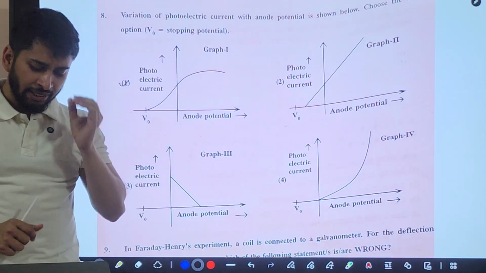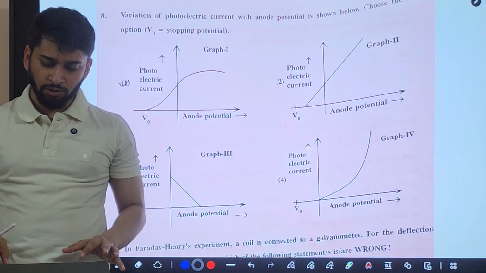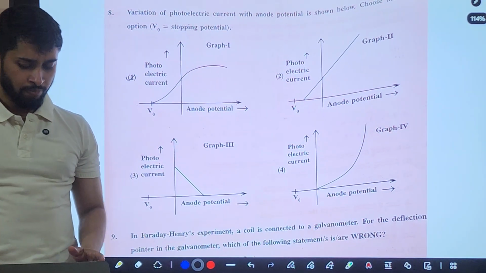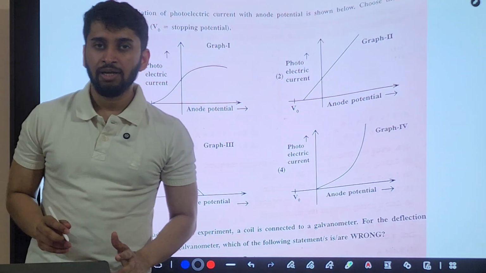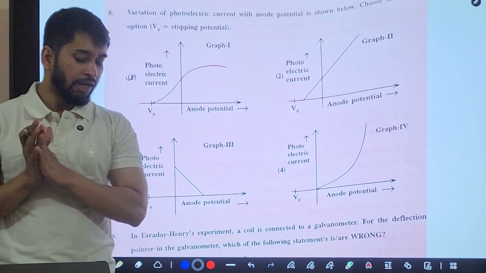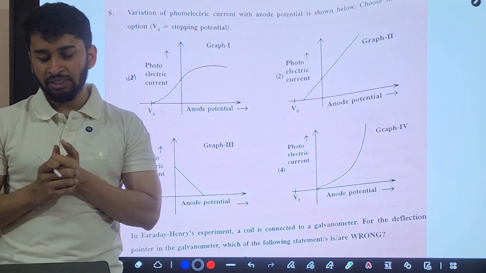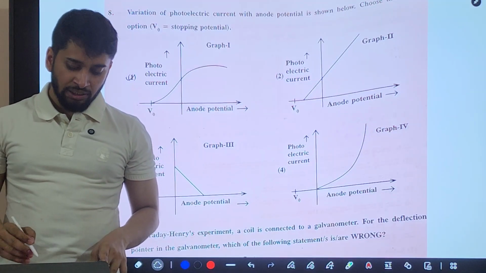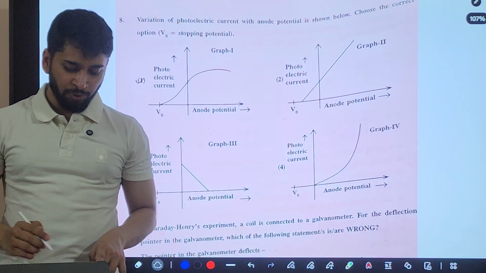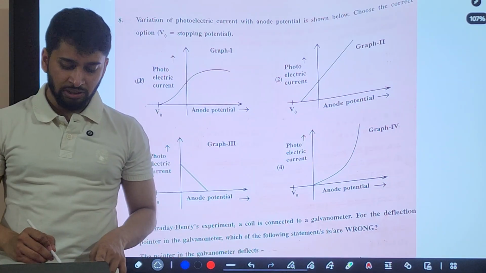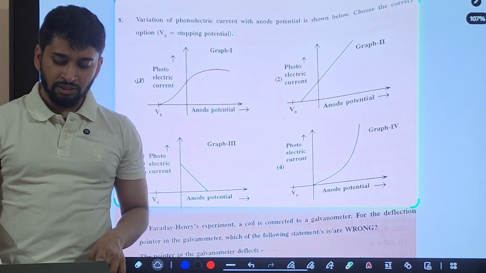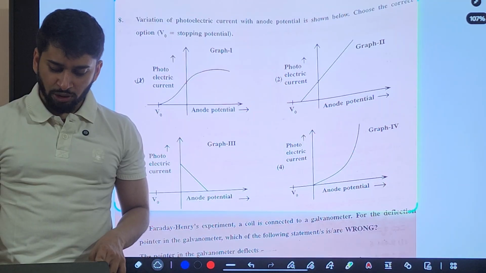Variation of photoelectric current with anode potential is shown below. Right. So we have seen this graph again and again, how the current depends upon the potential. If we increase the potential, the current is not going to increase beyond a certain value, which is the saturation current.